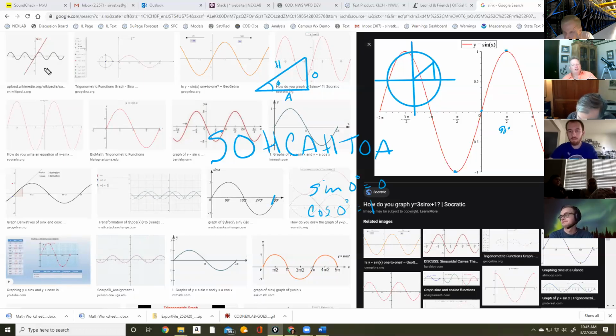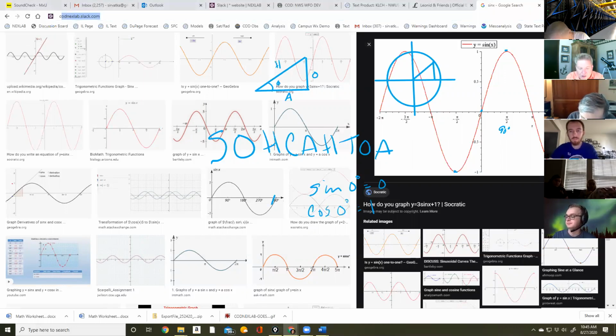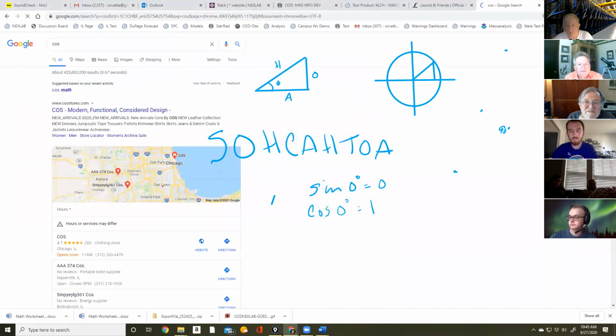But it oscillates between +1 and -1. It's positive at 90 degrees, it's negative at -90 degrees, and it's 0 at 0. The cosine does the same thing, it's just offset by a little bit. I guess I should write.